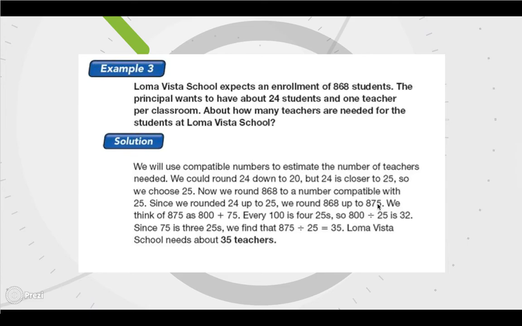It's better to use numbers that round well and that are closer to the actual numbers when we're using compatible numbers to estimate. Then when you do the algorithm, 875 divided by 25 equals 35. So your answer is the school is going to need 35 teachers.